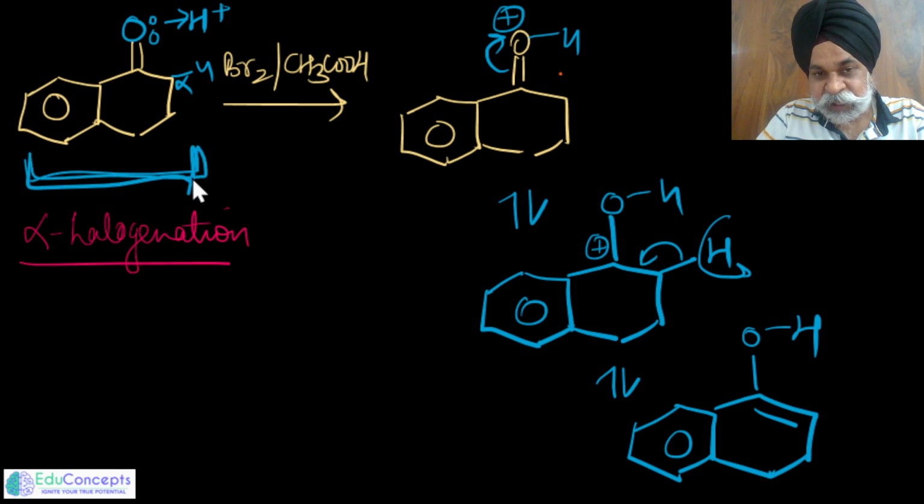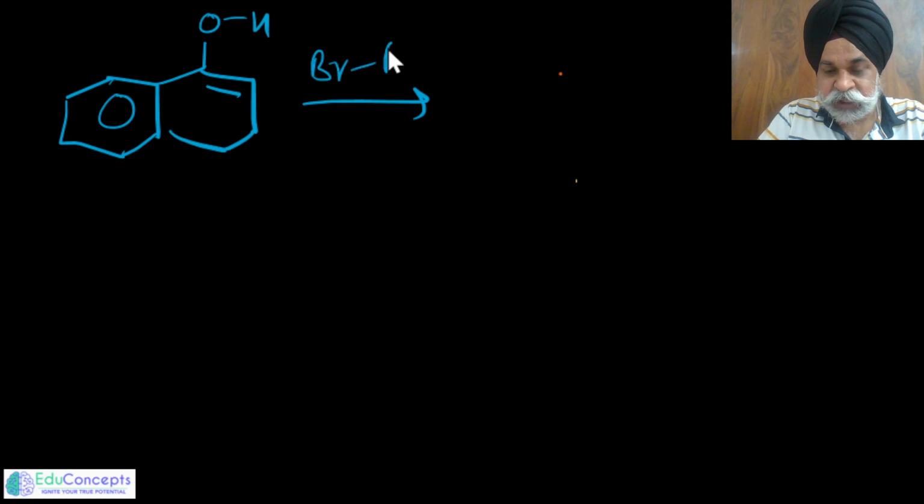So first you would get a tautomeric form of this compound. All of you know that in acidic medium or in basic medium, tautomerism gets enhanced. The keto form tends to go into the enolic form when a catalytic amount of acid or base is added. Thereafter, the next step: once you get this entity, here you get the OH and the double bond, and now the bromine can be attacked.